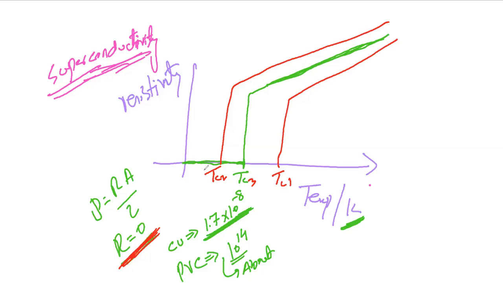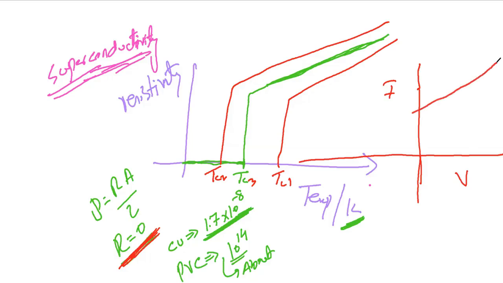If you look at this graph, if this is the current and this is the voltage, then your voltage and current graph is like this, and this is minus 273.